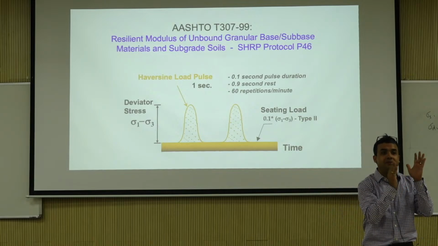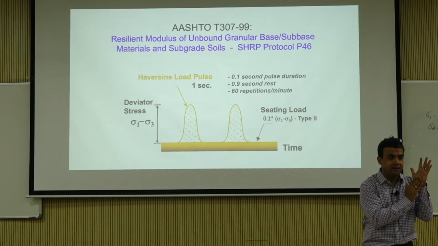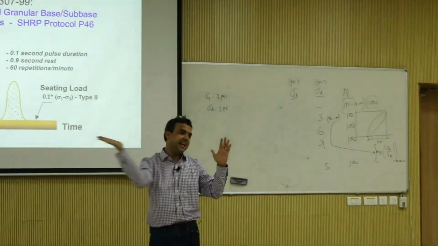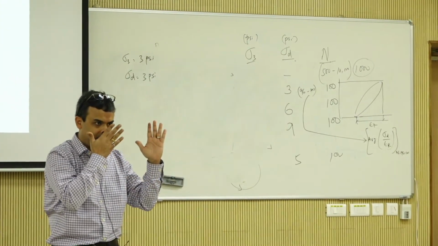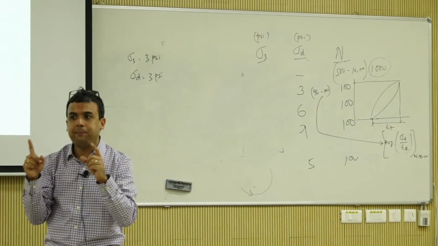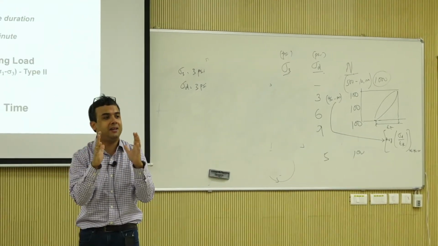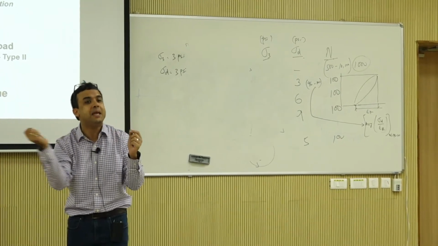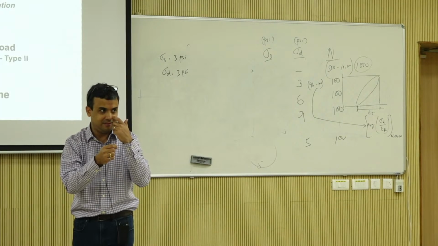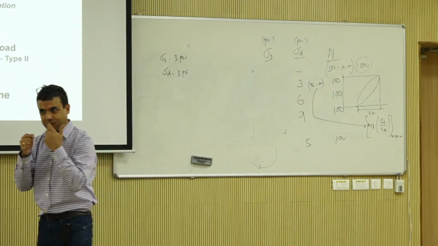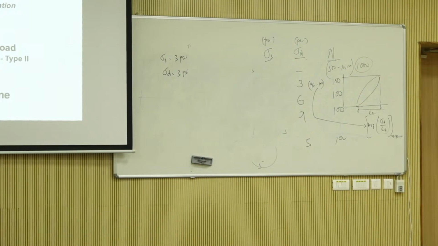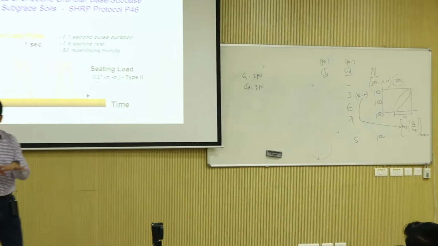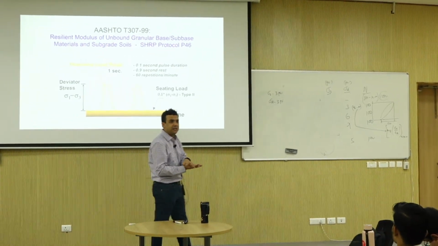You have to do this very quickly, and when you do that and the rod comes and hits the sample, the sample is not just deforming by the applied load, it is actually deforming or getting damaged by the impact, right? Which is not good. You don't want that. Your truck is not jumping on the road. The truck is applying a seating load and it's pushing against the load, right?